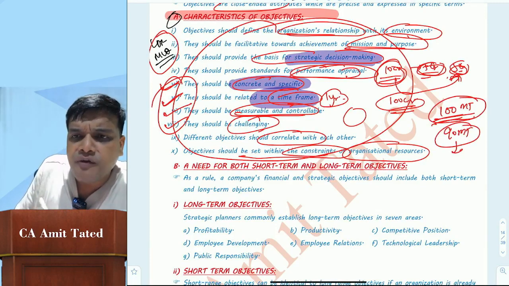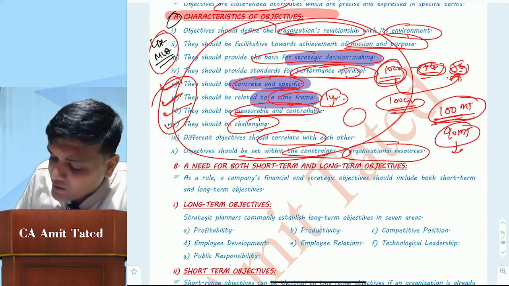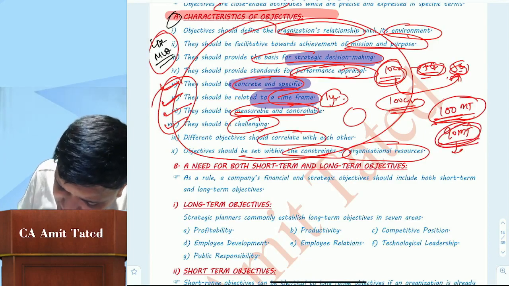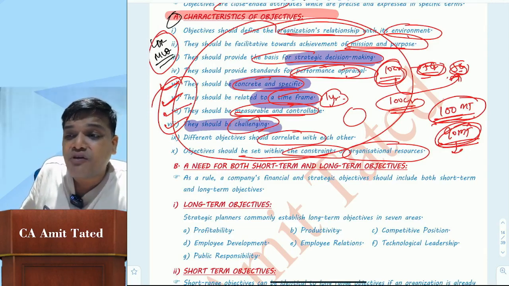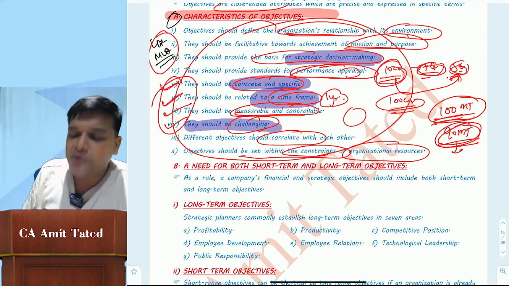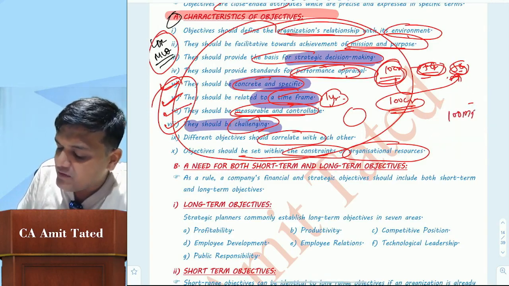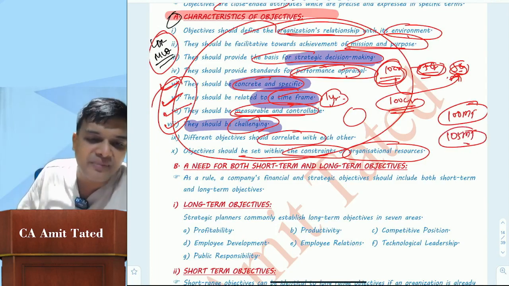So one of the characteristics of objective, challenging, is missing. What is the problem here? It is not challenging at all. This is an MCQ; you need to understand which characteristic of objective is missing here. Here we can manufacture 100 MT, so now we need to manufacture 105 MT. Now it is challenging. Clear?